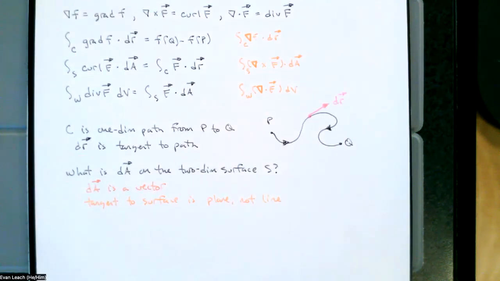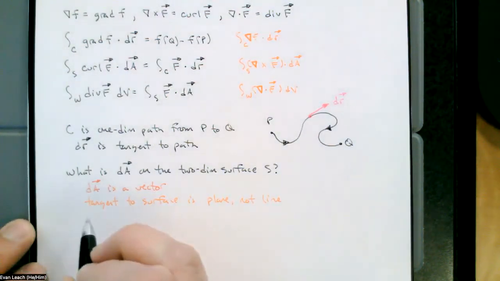We know that we want dA to be a vector. So dA can't be a tangent, because there's only one vector.